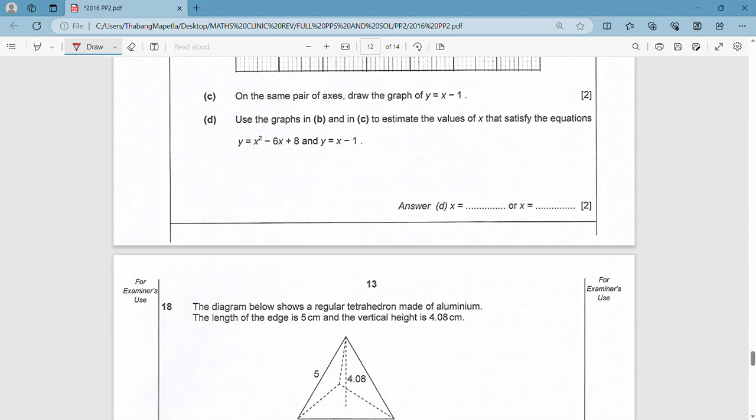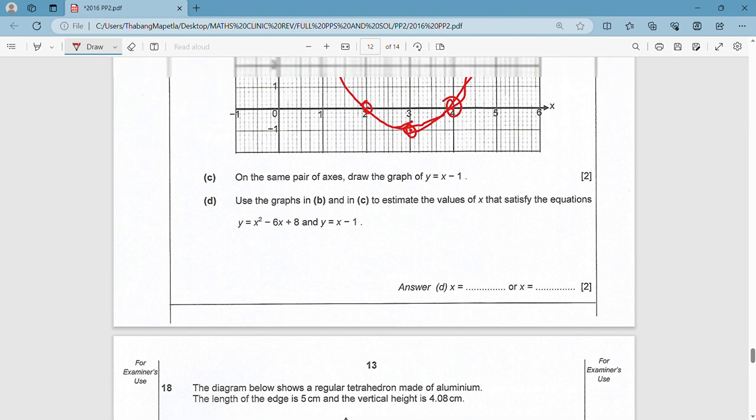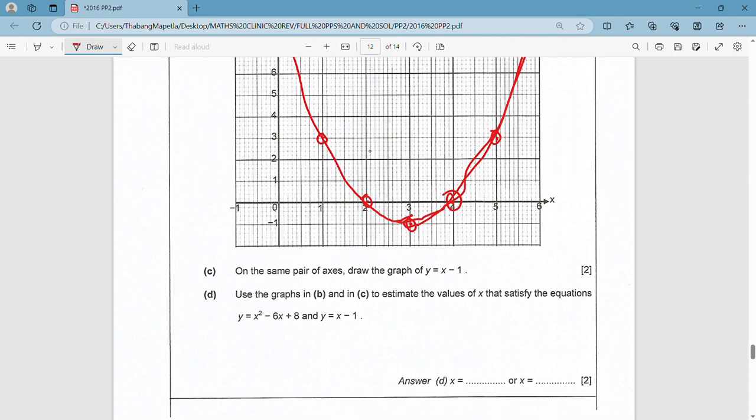So then it says estimate the value which satisfies the equations. The question is this one and x minus 1. So x minus 1, so 1, 1, 2, 2, 3, 3. It's too slanting, so therefore minus 1 you're going down a bit, so then it's going to be this. So then we're going to have that.